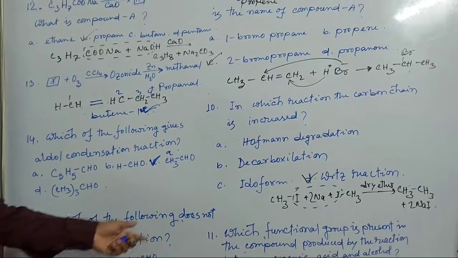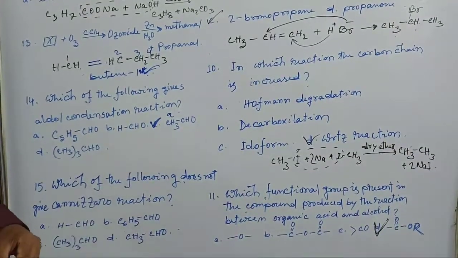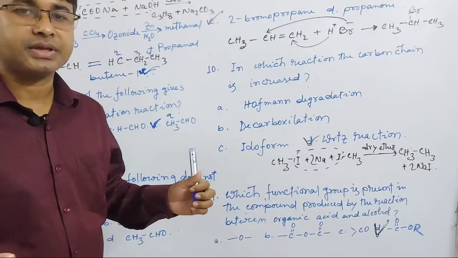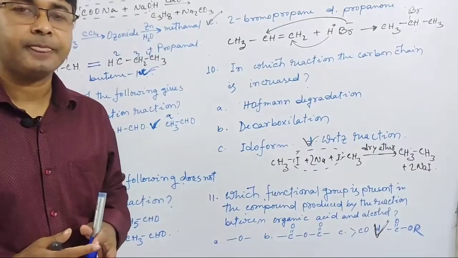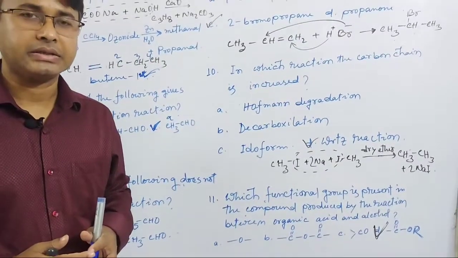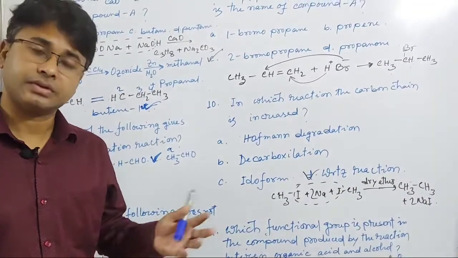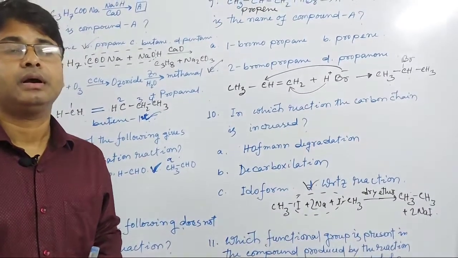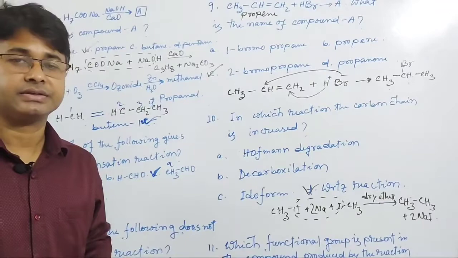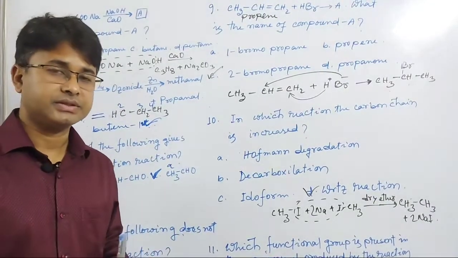Which of the following does not give the Cannizzaro reaction? The major condition of the Cannizzaro reaction is the absence of a hydrogen atom at the alpha carbon, or an aldehyde or ketone without an alpha carbon gives the Cannizzaro reaction.